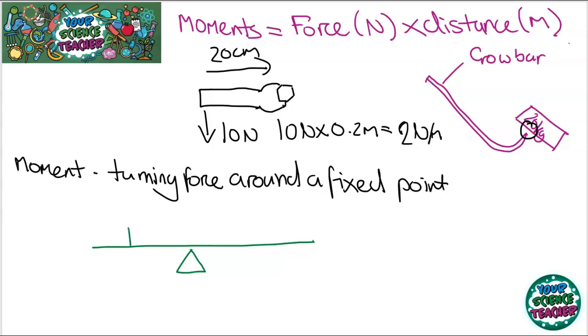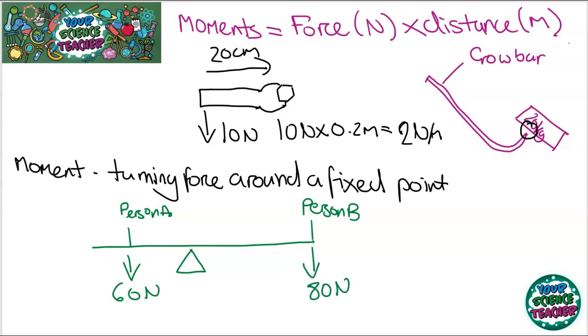For example, if person A was sitting here and they had a weight of 60 newtons and person B was sitting here and they had a weight of 80 newtons, and I knew the length from person A to the pivot was 2 meters, I could now work out how far away person B must be for this system to be in equilibrium. So let's do that.